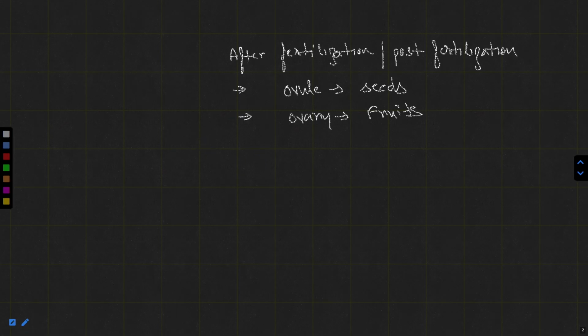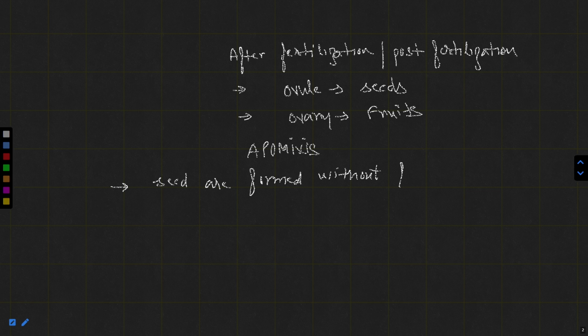So what you have to keep in mind, we are talking about apomixis. What is happening during apomixis? Seeds are formed without fertilization. Then you can say it is a kind of asexual reproduction.